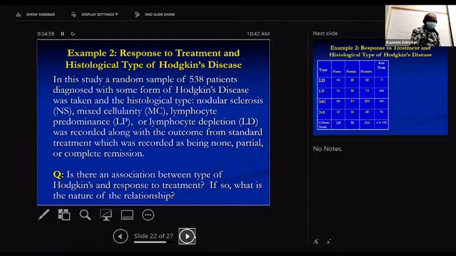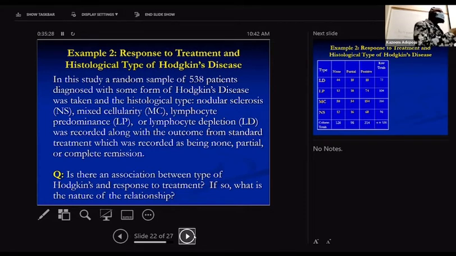Now, 538 patients diagnosed with some form of Hodgkin's disease were taken, and the histological type, like nodular sclerosis, mixed cellularity, lymphocyte predominance, or lymphocyte depletion, was recorded, along with the outcome from the standard treatment, which was recorded as none, partial, or complete remission.